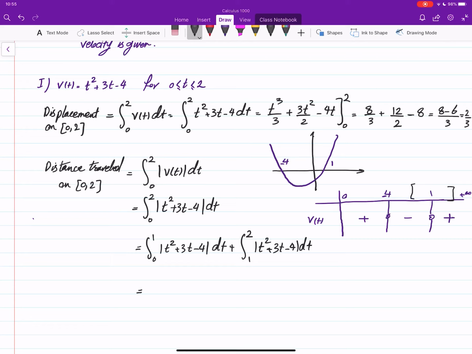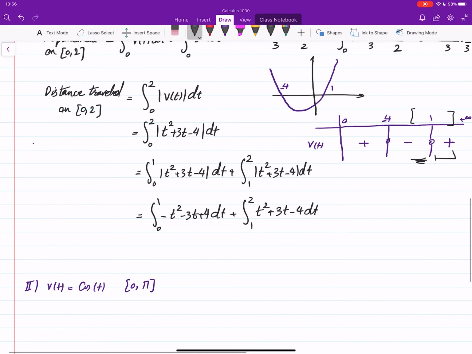We know that on 0 to 1 the function is negative, so the absolute value will be the negative of that. And for the interval 1 to 2, it is positive, so we can leave the function as it is.